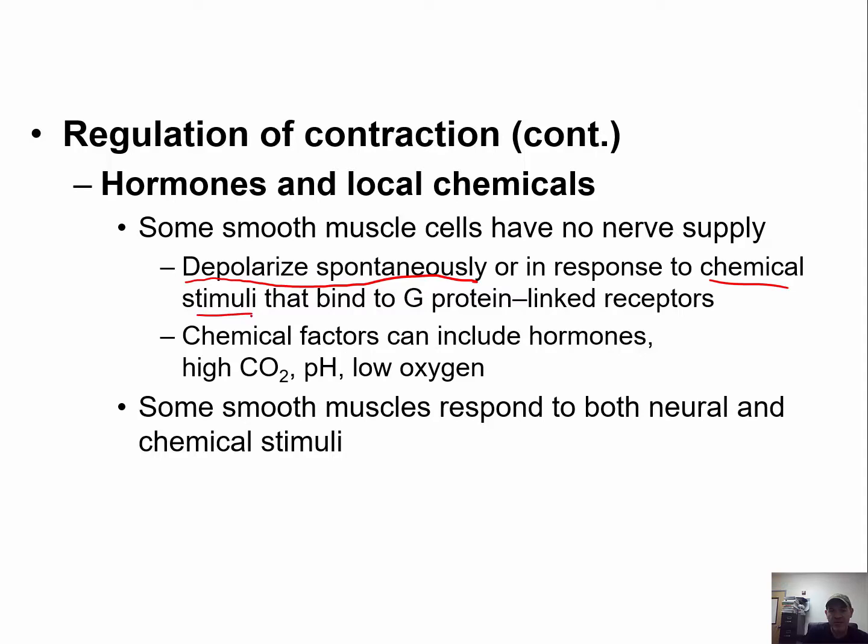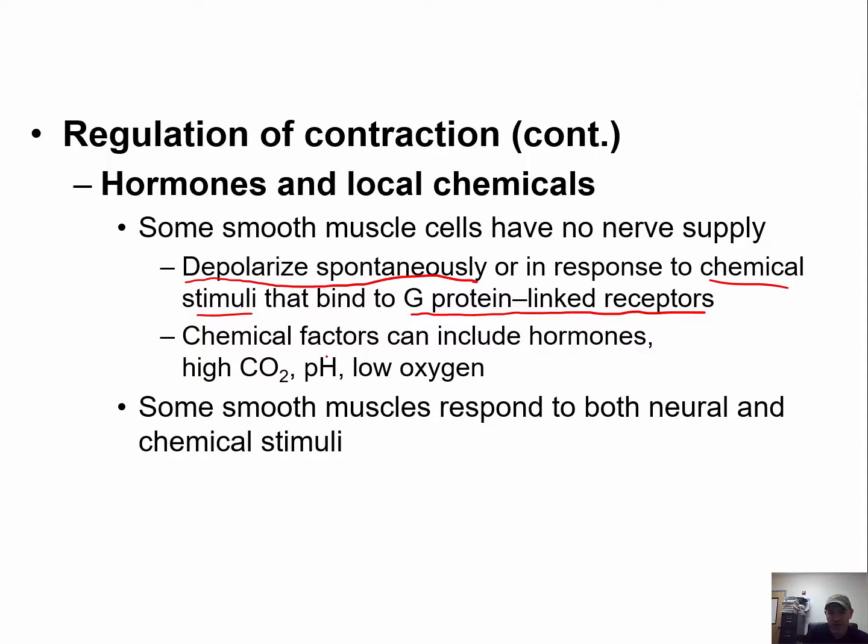The chemical stimulus could be a hormone or other chemicals. These chemicals basically bind to receptors on the membrane, and the messages are sent inward by way of G-linked receptors. The receptor is connected to a G protein on the inside. This sort of transduction pathway, where we send the message into the cell, was covered in previous chapters.